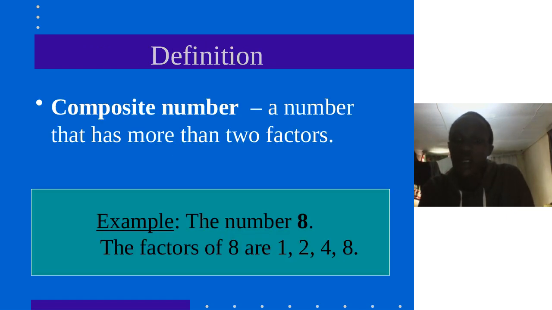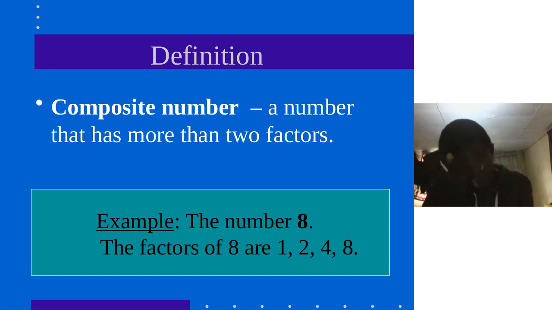Let's look at our next part, which is what a composite number is. A composite number is a number that has more than two factors. For instance, I have an example of the number 8. Number 8 has more than two factors, which are 1, 2, 4, and 8.